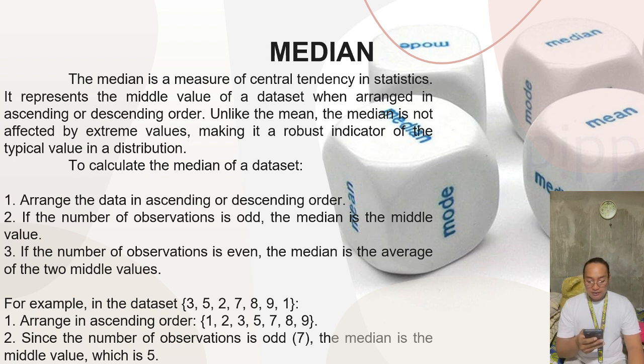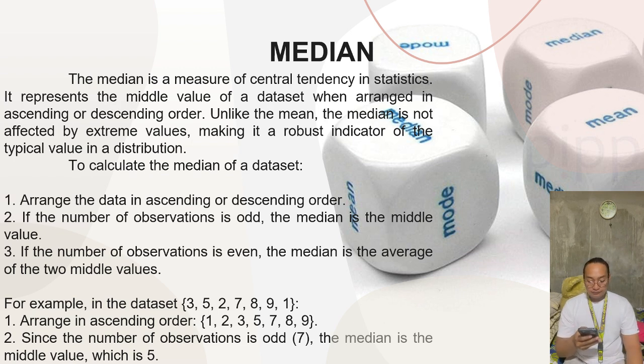Unlike the mean, the median is not affected by extreme values, making it a robust indicator of the typical value in a distribution.